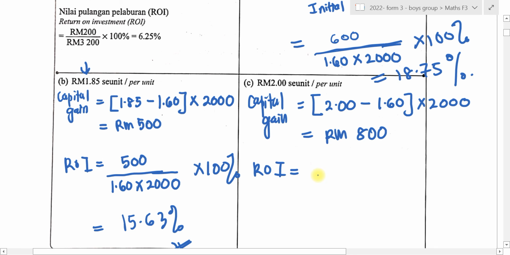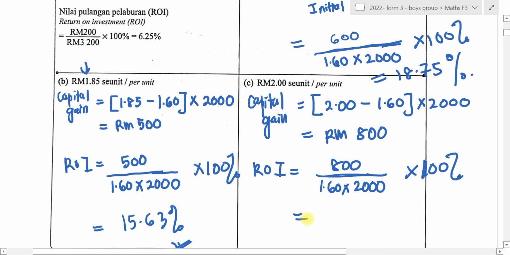That is ROI. So 800 ringgit is what I get. And what I put is 1.60 times 2000 unit times 100%. How much is that? 25 percentage. 25% is correct answer.